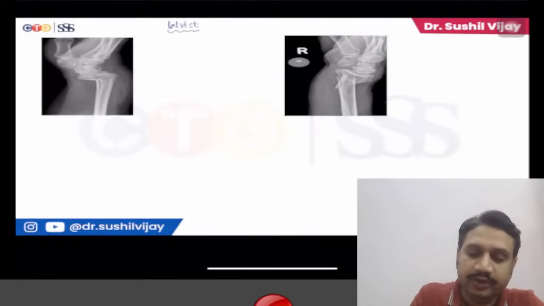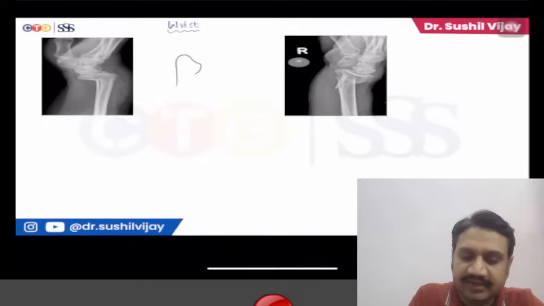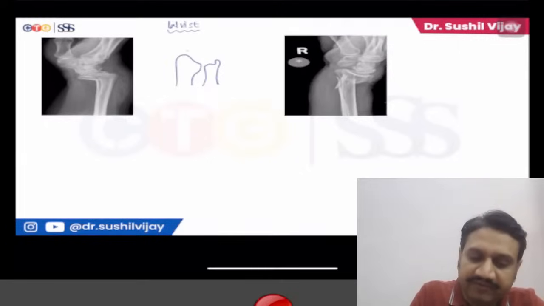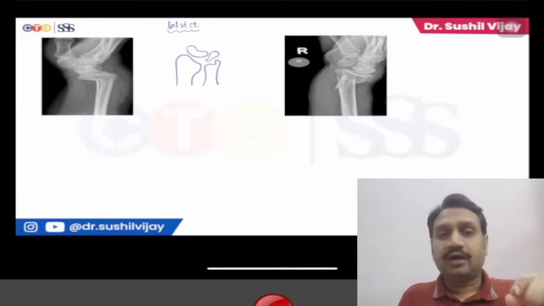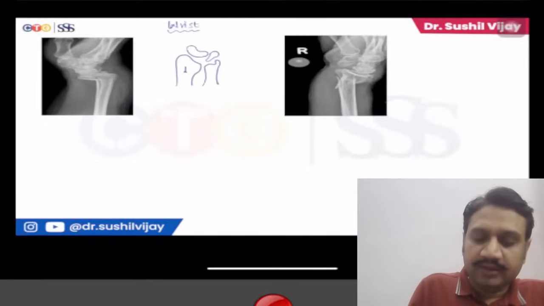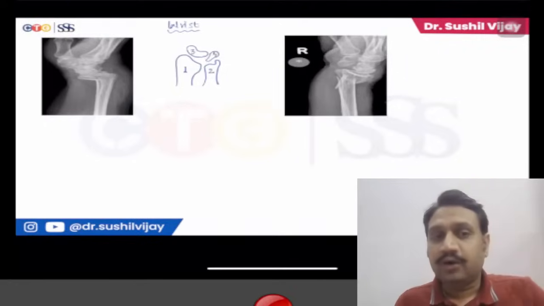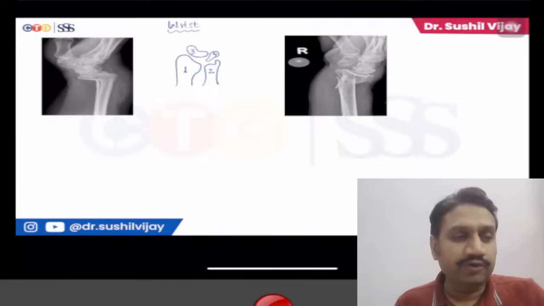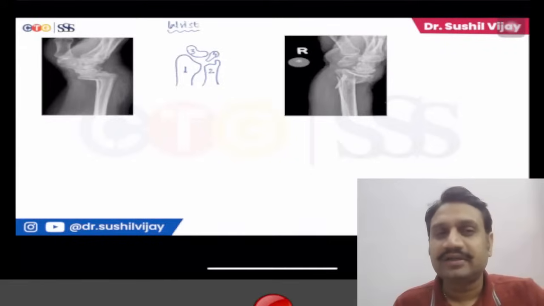In the wrist area, this is the distal radius. This is the ulna, which is articulating over here. Then we have the scaphoid bone, then the lunate bone like this. Out of these four, radius, ulna, scaphoid, and lunate, which one is not a part of the wrist joint?